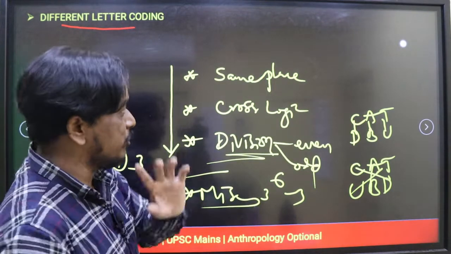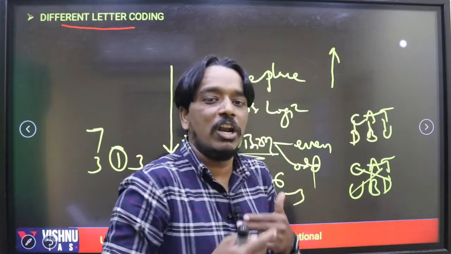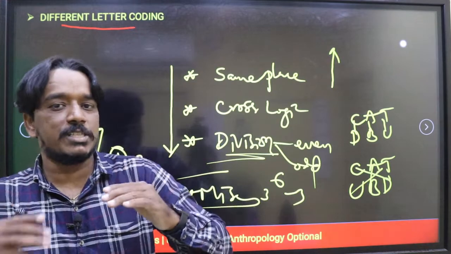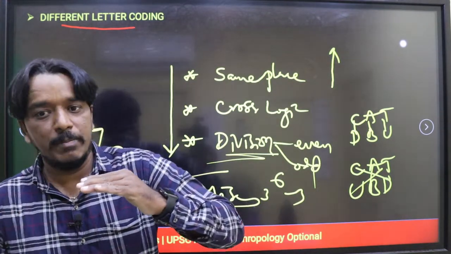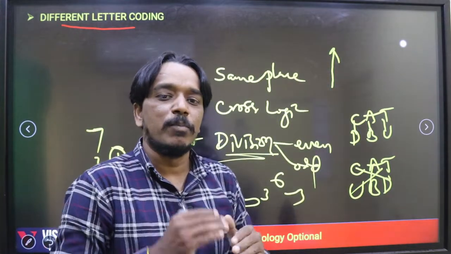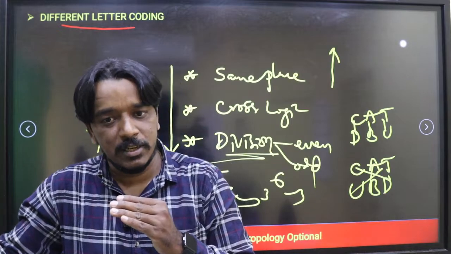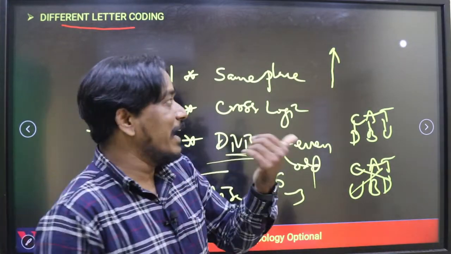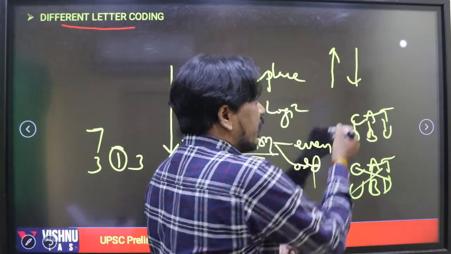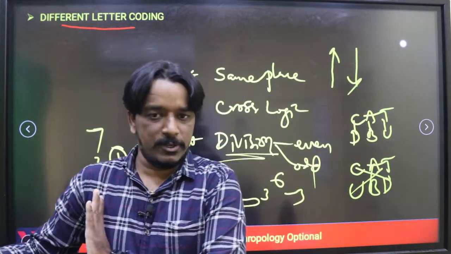In the miscellaneous concept, the most important thing is a gradually increasing order according to the alphabetical sequence. In the last class we discussed how to remember alphabet numbers, in forward order or reverse order. They can give an increasing order, +1, +2, +3, +4 like that, or only even numbers, +2, +4, +6. Decreasing order we also get sometimes, -1, -2, -3.